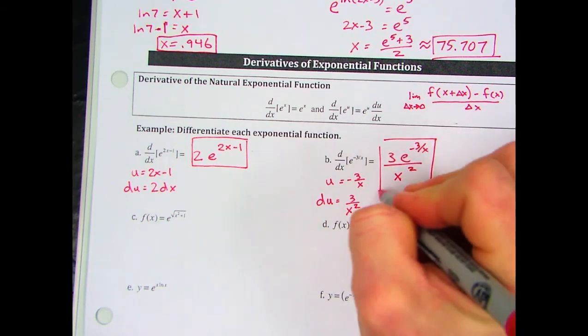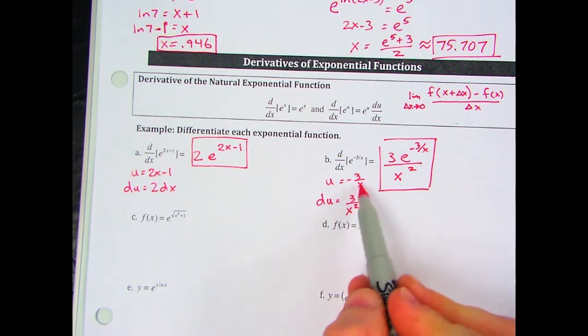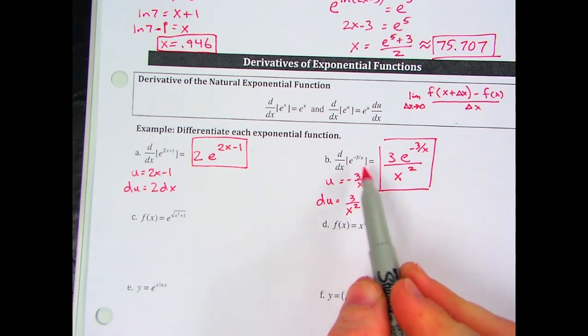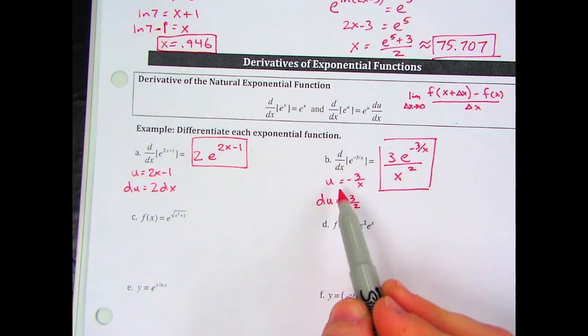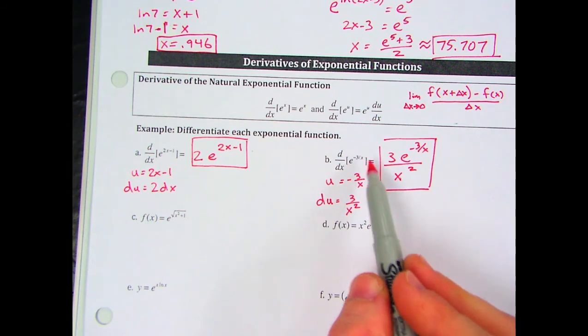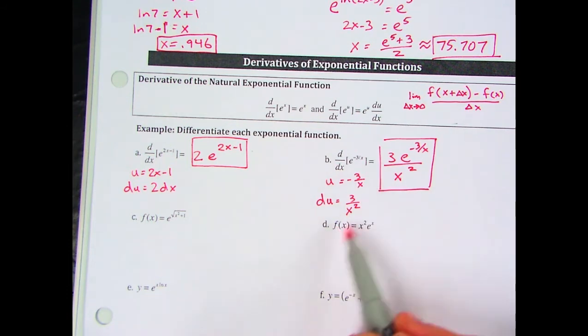Why is the negative there? Because the exponent on x, this is like negative 3x to the negative 1. And so when you do the power rule, negative 1 times negative 1 makes it positive. And then negative 1 goes down by 1 to negative 2. And then it moves it back under the denominator. Okay.